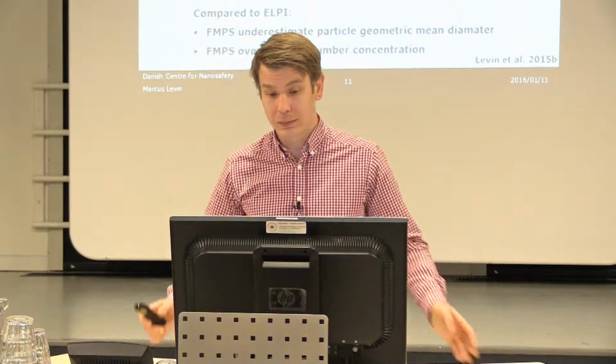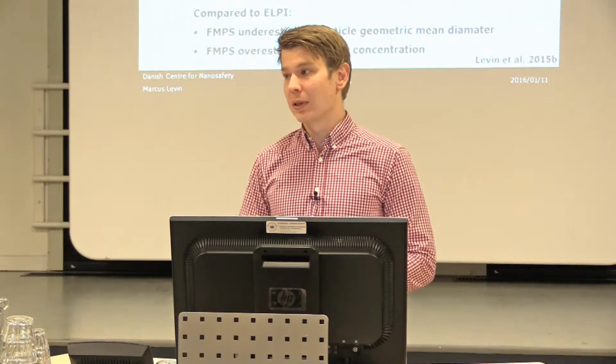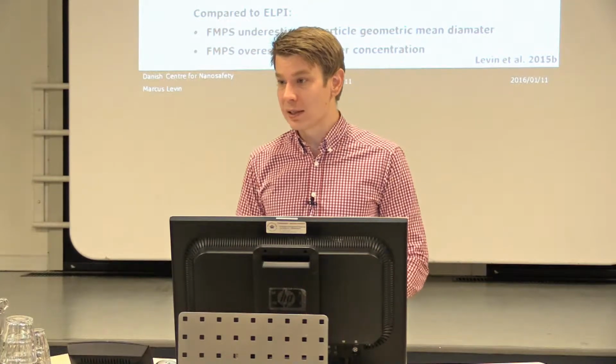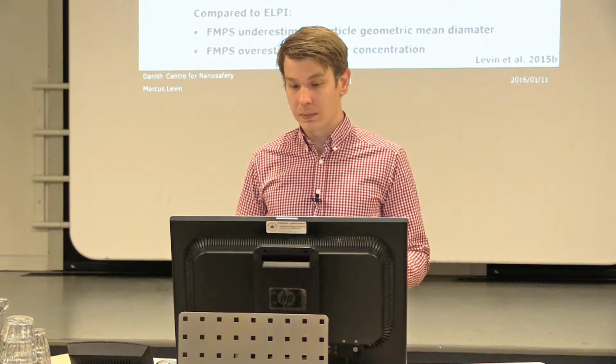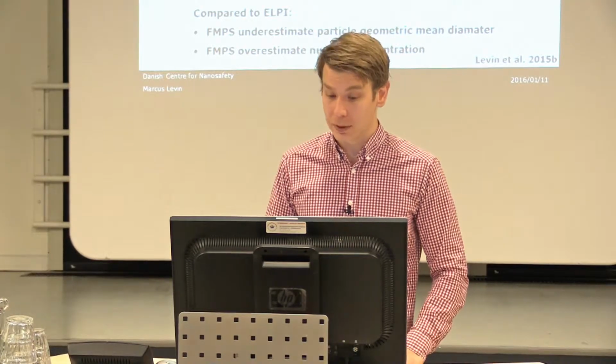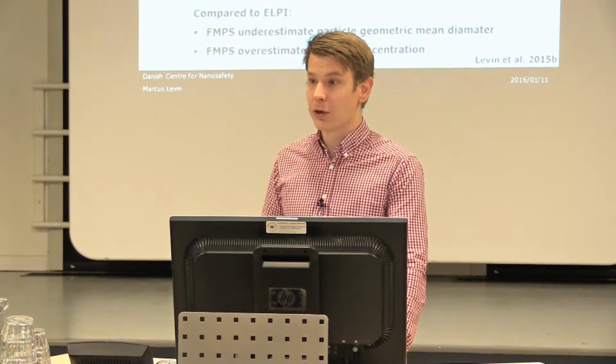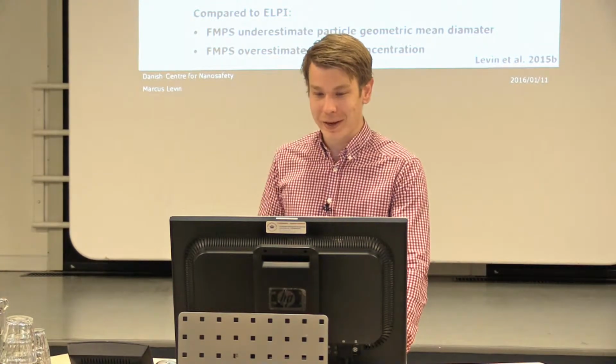And of course, if we take into account that we have different deposition fractions for different sizes, the exposure assessment based on these results would be totally different. So again, the choice of instrument affects the exposure assessment.